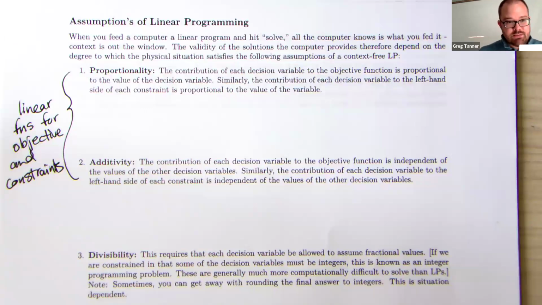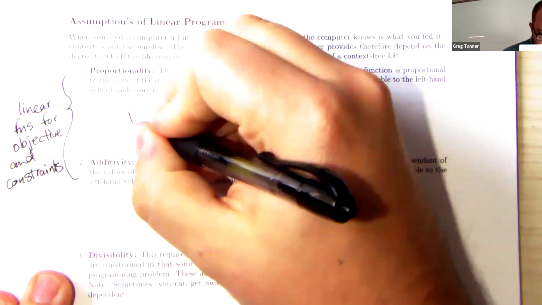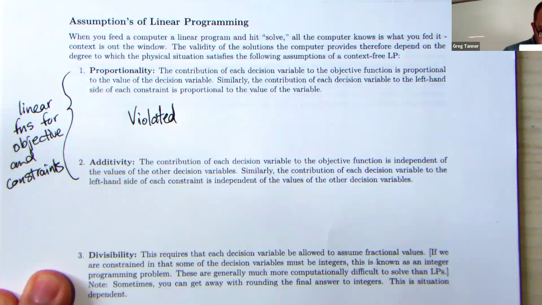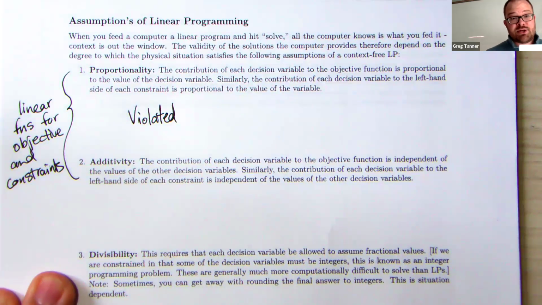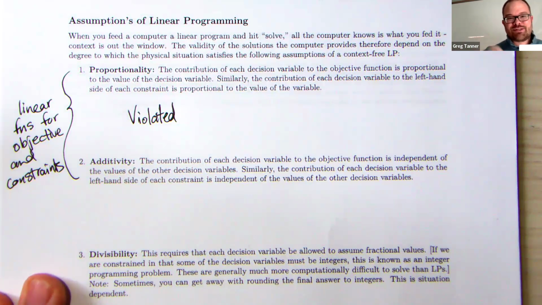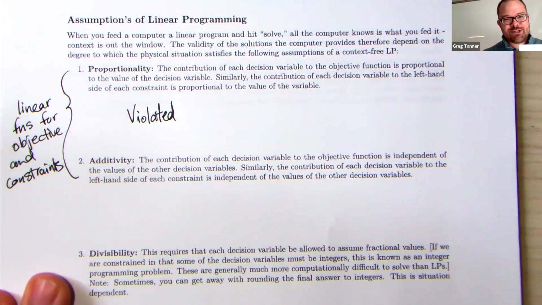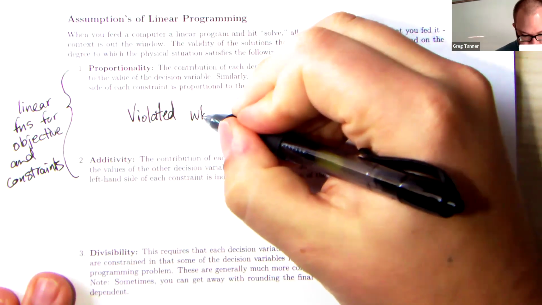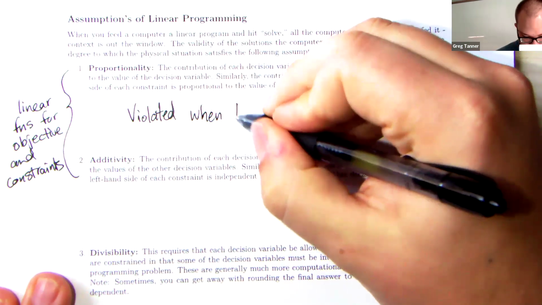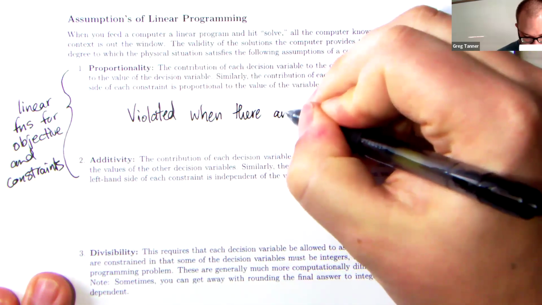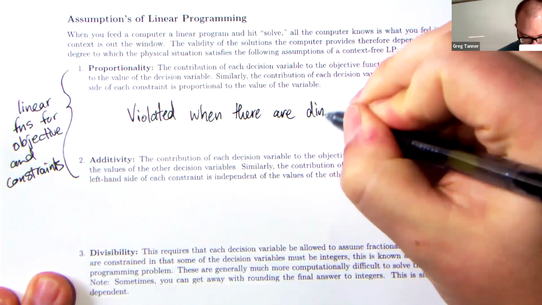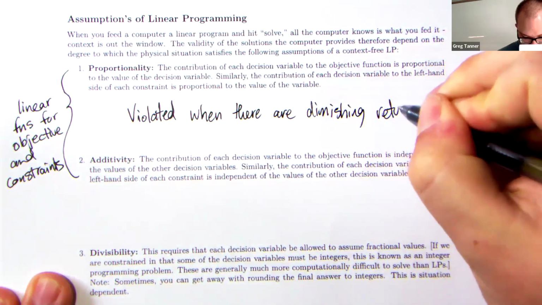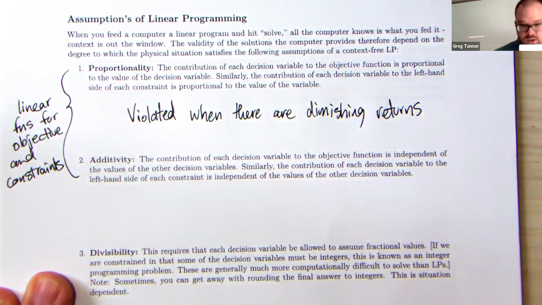Okay, and so anytime you have diminishing returns, or maybe the opposite of diminishing returns is accelerating returns, where something gets better and better the more of it you do, that would also violate proportionality.